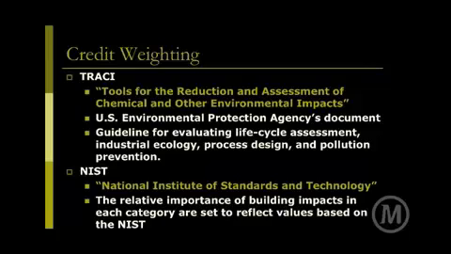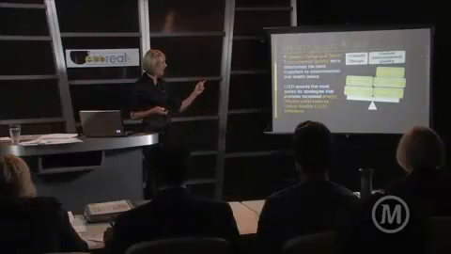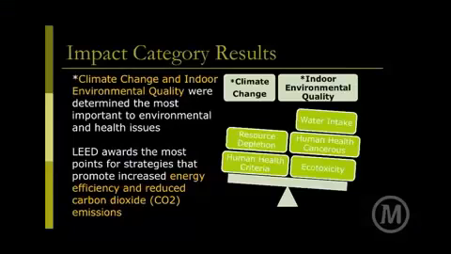And then the National Institute of Standards and Technology is NIST. So these are the tools that helped identify these key impact categories. So there are 13 of them. Here's some examples. We have water intake, resource depletion, human health criteria, all very important impact categories.